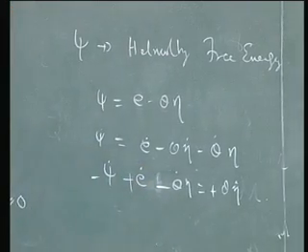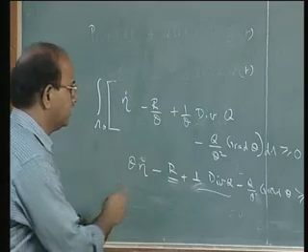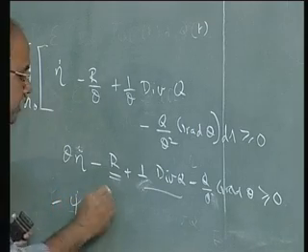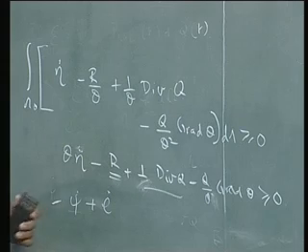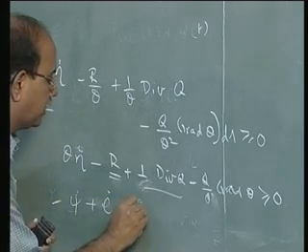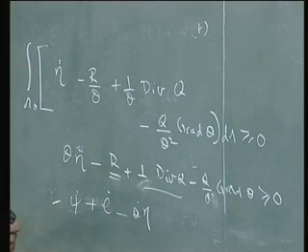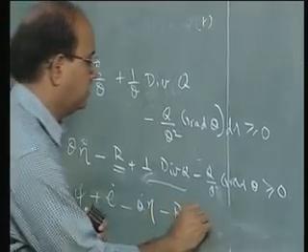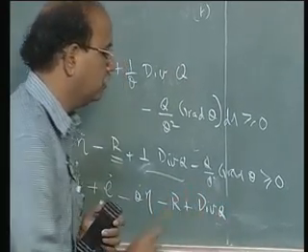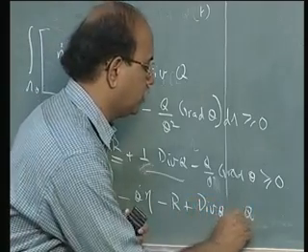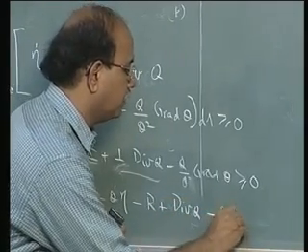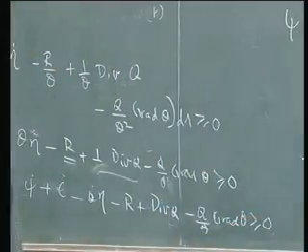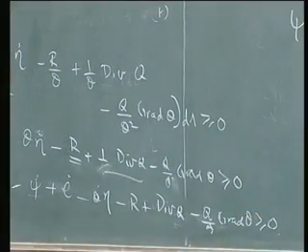Yeah, correct, you are correct. So, I have to introduce that here. So, minus psi dot plus E dot, right, minus theta dot eta, right, minus r plus divergence q minus q by theta grad theta greater than or equal to 0, right.